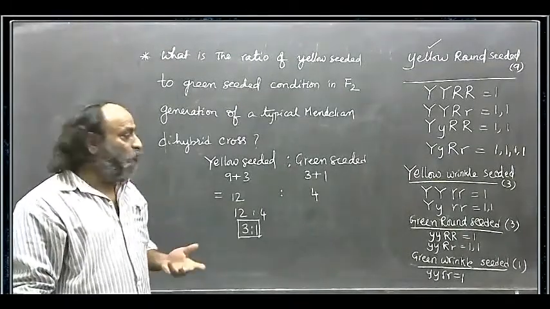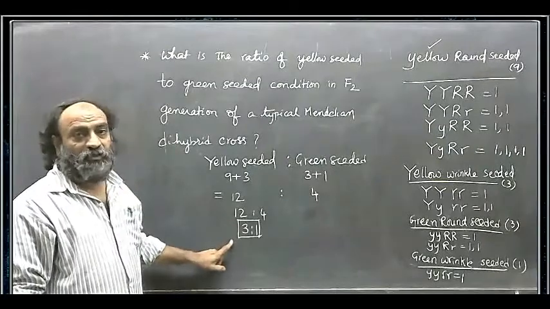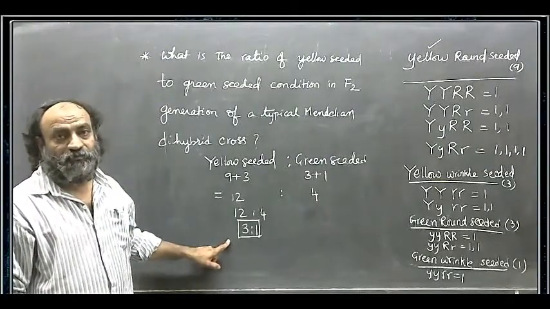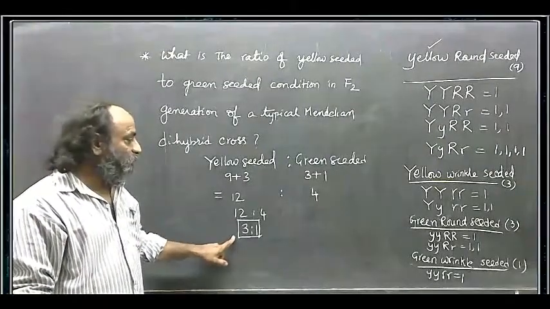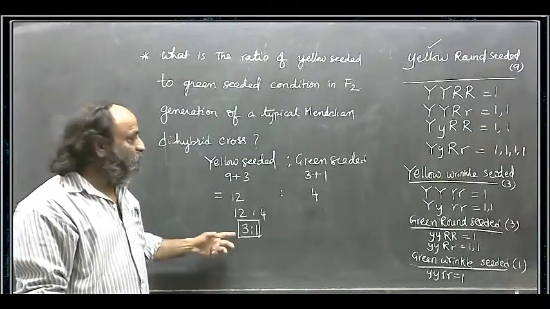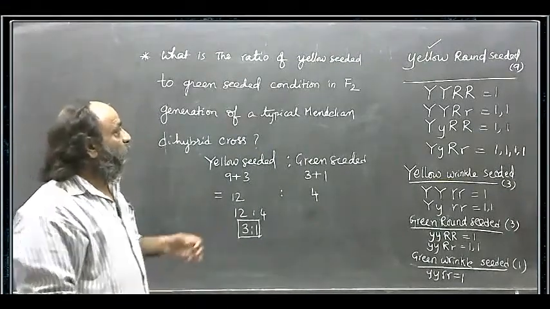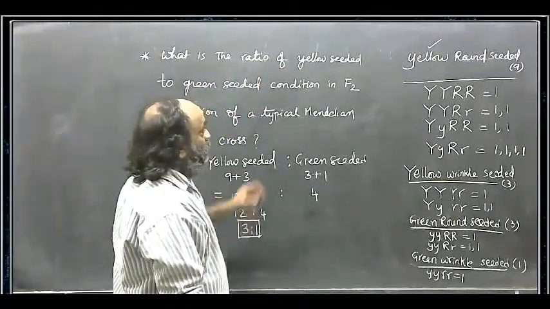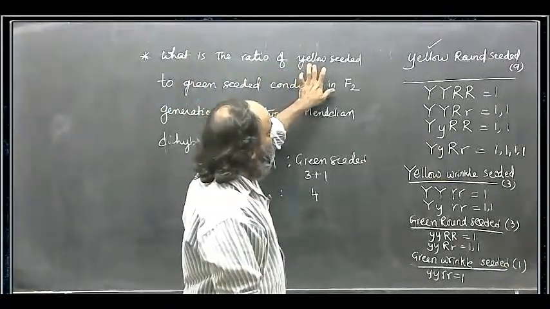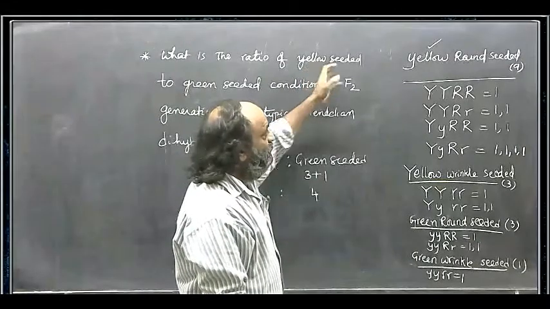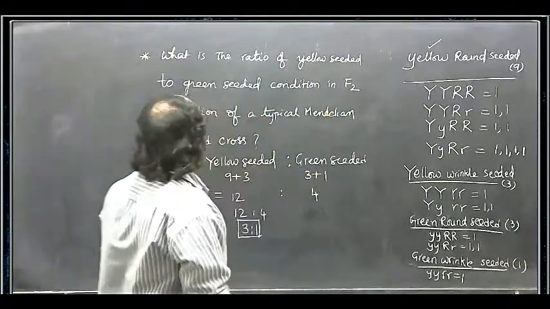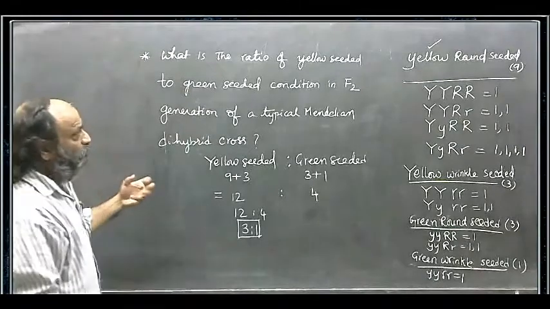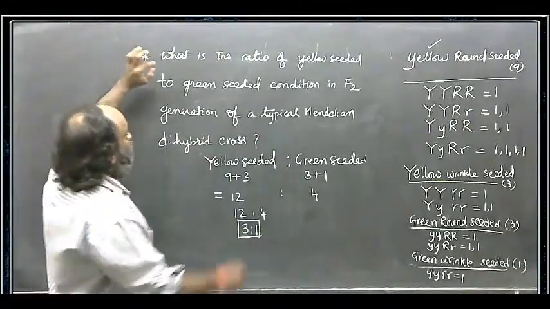When it is a monohybrid cross, obviously the ratio is 3:1. It is a phenotypic ratio. You can repeat the same question. Instead of the color of the seeds, you can take the shape of the seeds.